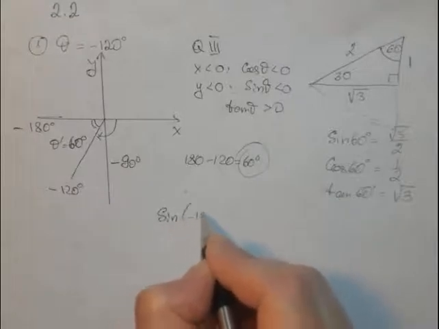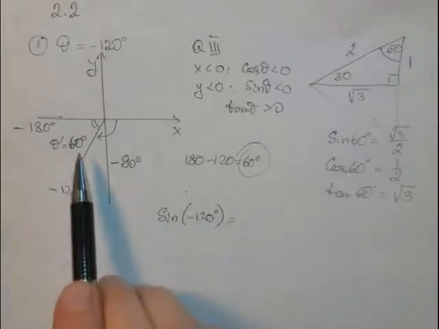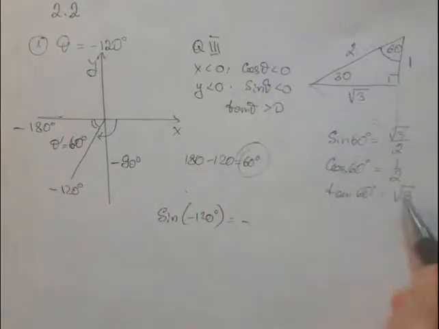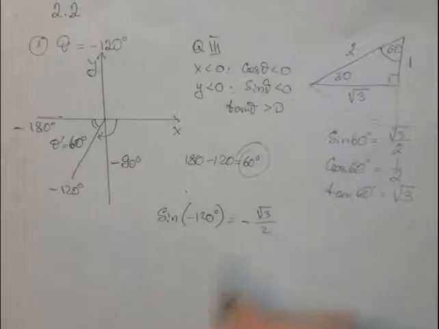Sine of negative 120 will be negative and equal by absolute value to square root of 3 over 2. Negative square root of 3 over 2.